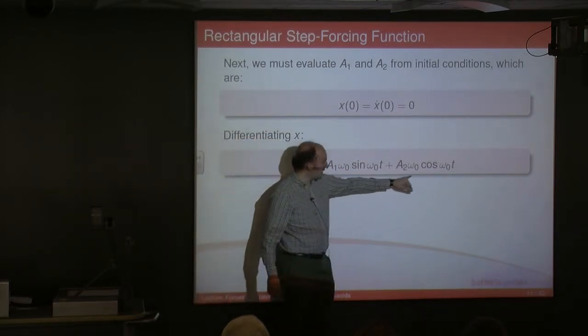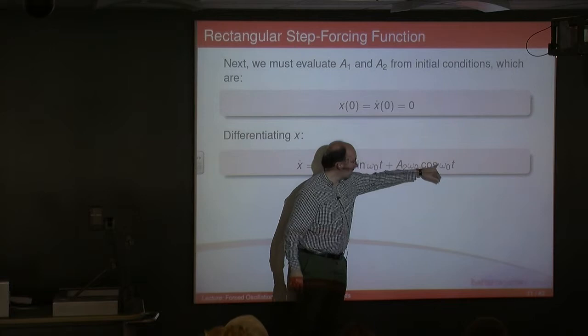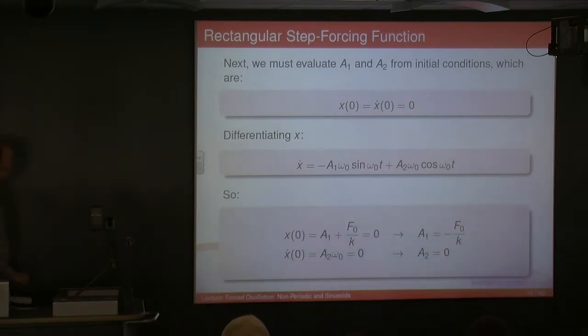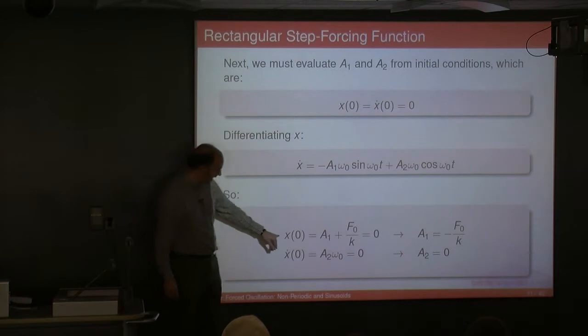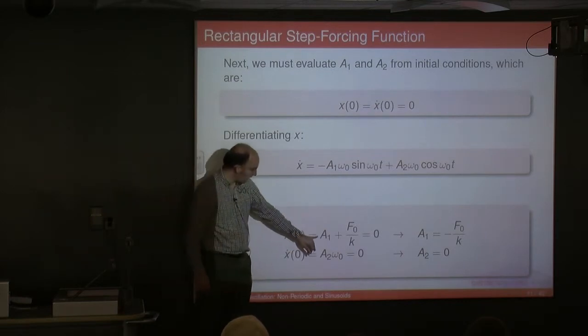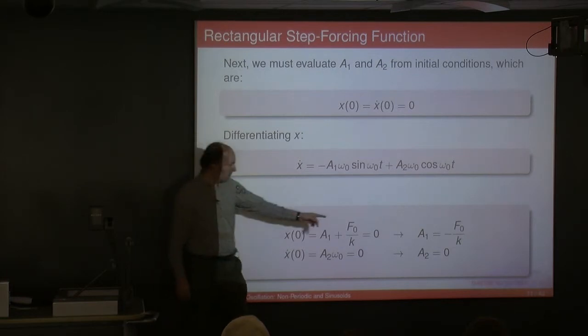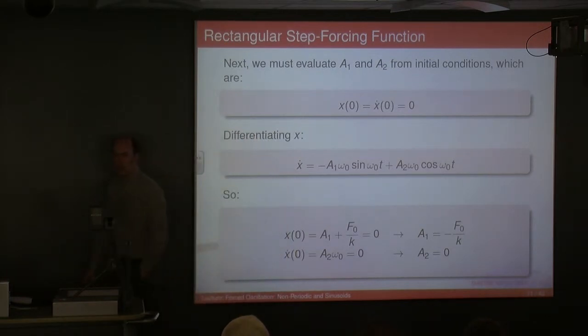And then obviously the sine turns into cosine and we have an omega naught that also comes out. Okay. So we take 0 for time and we plug it in. So we plug it into the equation on the previous slide where time is 0 and we end up getting A1 plus f naught upon k equals 0. Therefore A1 must be minus f naught upon k. Yeah, do we all agree?